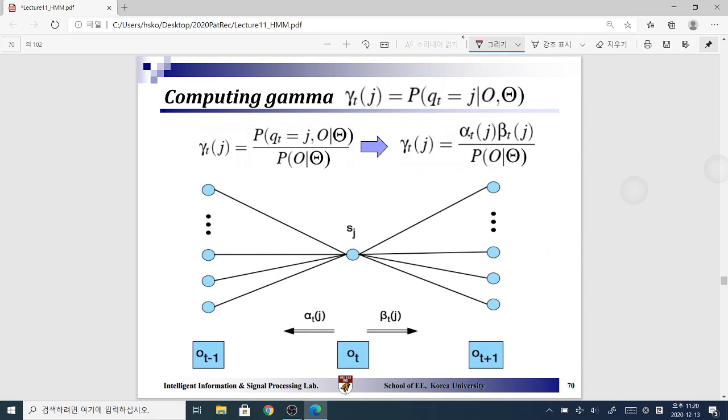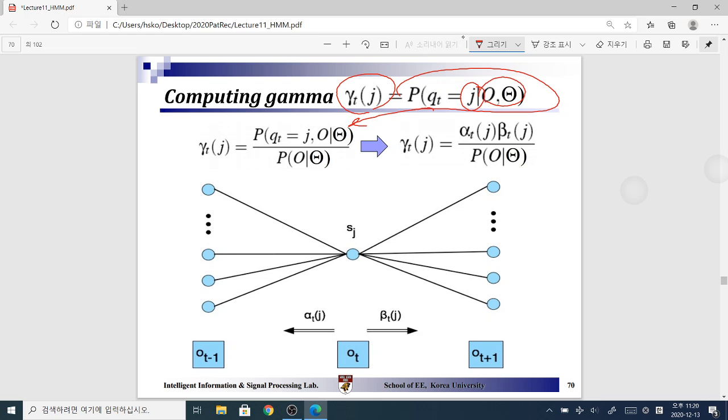Okay, so that process is depicted in this slide. Once again, computing gamma sub t of j would be the probability of being in state j at time t, given the observation sequence and the model.